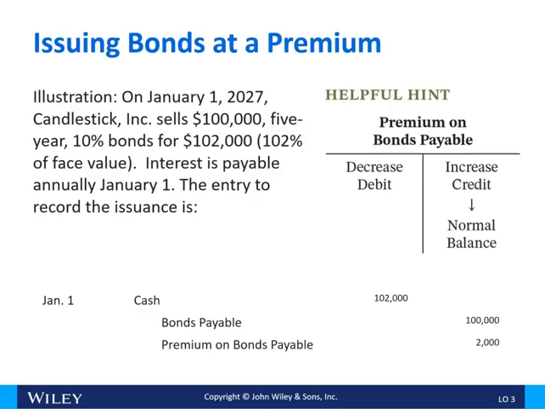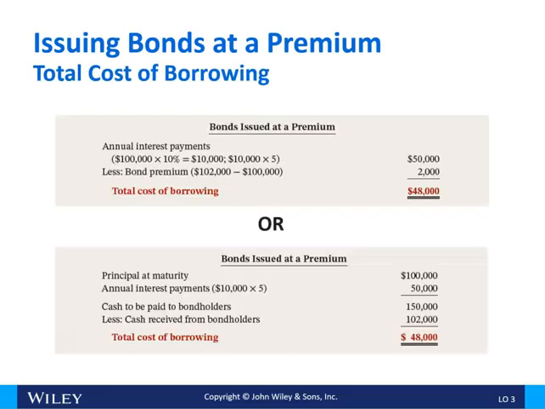To calculate our total cost of borrowing, similar to when we had a discount, we take the annual interest payments, $50,000, but we subtract the bond premium of $2,000 to get $48,000. Or we can look at the cash flows. We're going to pay $100,000 at maturity.